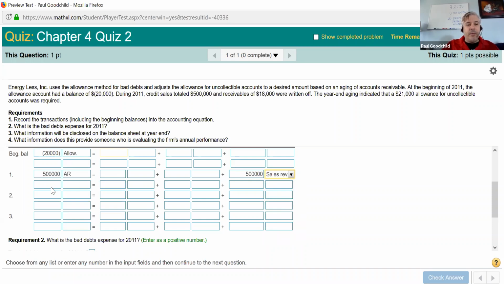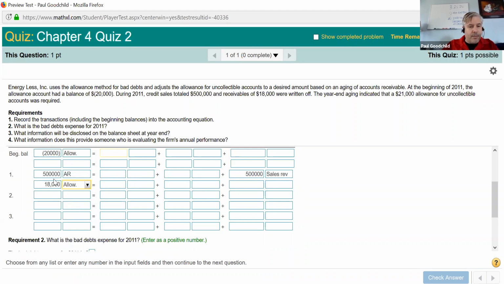And it says receivables were written off, 18,000, on the allowance.